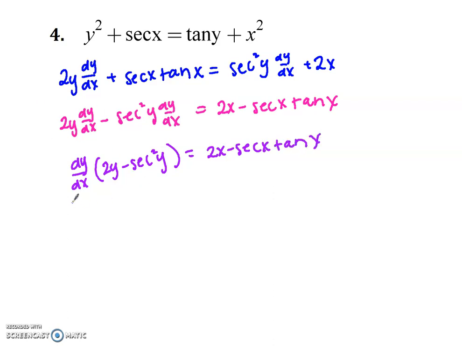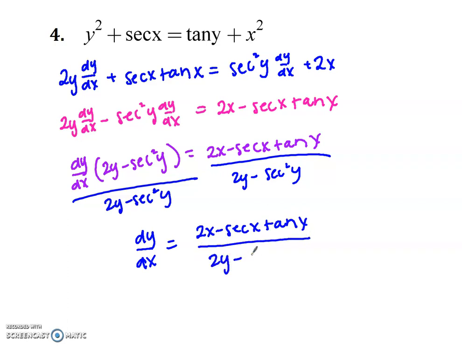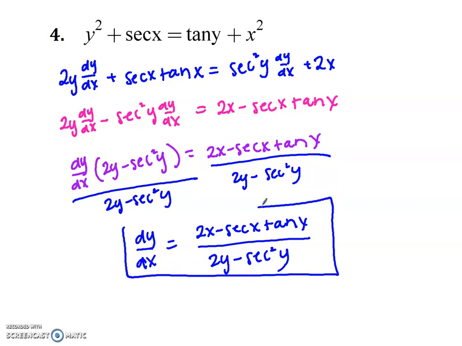And then our very last step is just to always divide by what's with the dy/dx. So our final answer solved for dy/dx will be 2x minus secant of x, tangent of x, over 2y minus secant squared of y.